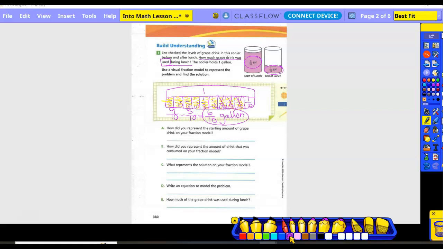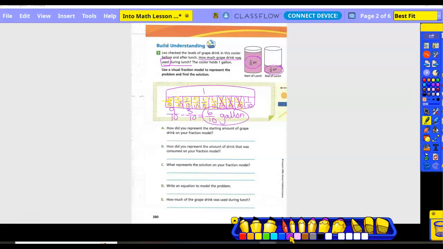We marked off what was left over. So then we could figure out how much was consumed. So what shows the consumed part? The colored pieces, right? Okay, the ones that we left colored without X's. What represents the solution on your fraction model? So the crossed off ones are what was left, right?